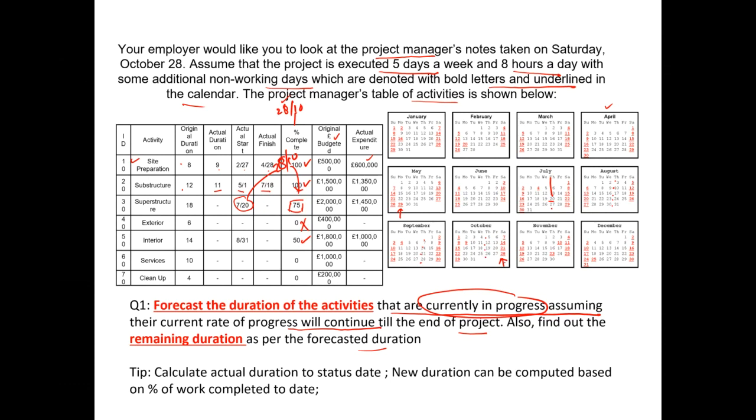Right, so 14 weeks and 1 day, but also we have got a I think a holiday here. So we can say that it has taken us 14 weeks to deliver 75% of the work. Right, so any guess how much it would take us to deliver 100% of the work?